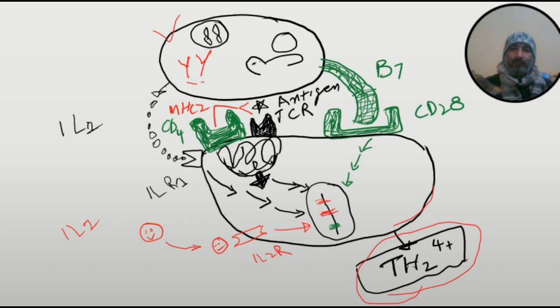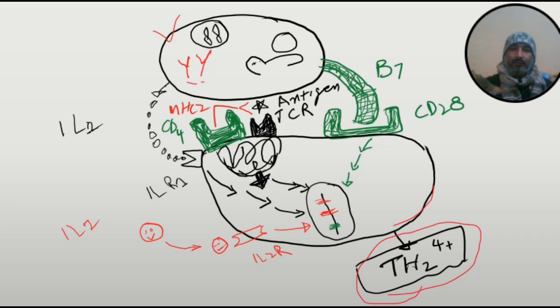So this T helper cell is going to the autocrine pathway. And the last one is the clonal expansion. After that, the specific gene that I mentioned will be activated, and this will go to clonal expansion.